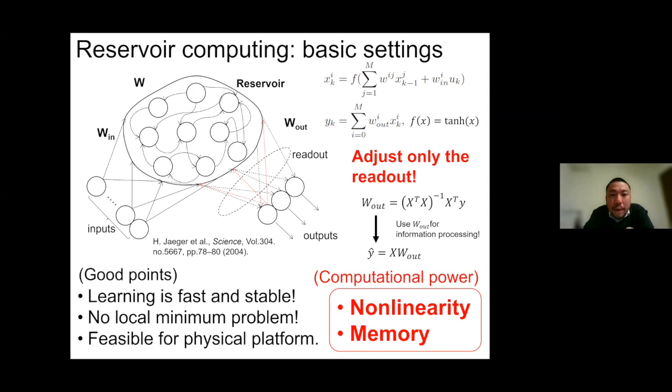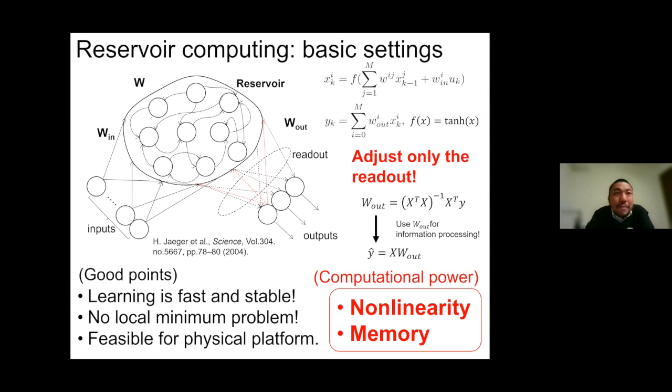As you can see from this system construction, the important point is that the overall computational power depends on the reservoir dynamics, the nonlinearity and memory of the reservoir dynamics.